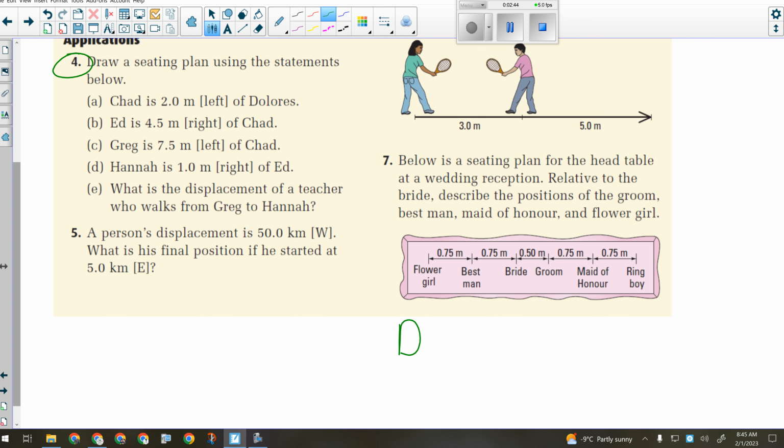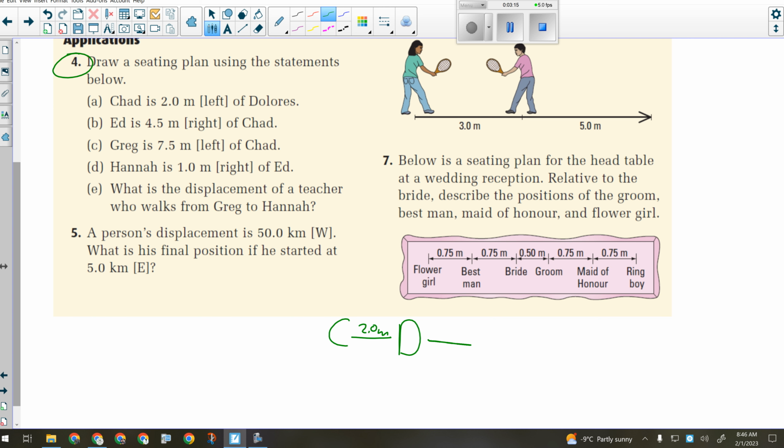How many people have got the diagram done? I'll give you about another 10-15 seconds here to finish it up, and then we'll draw it here together. So I've marked Dolores right here. I'm going to put Chad 2 meters to her left. I'm going to just say that this is 2 meters right here. Ed is 4.5 meters right of Chad. So how many meters right of Dolores is he? 2.5 meters, right?